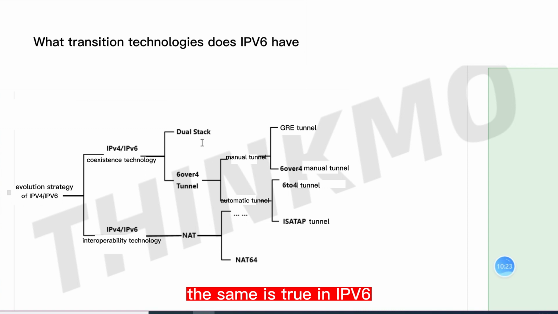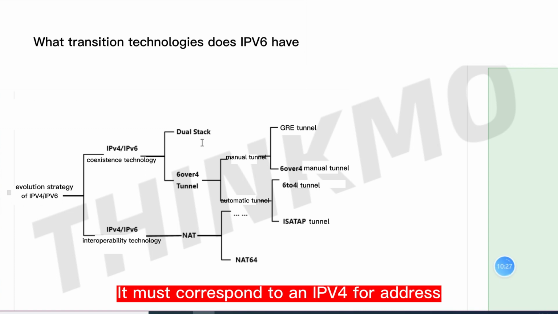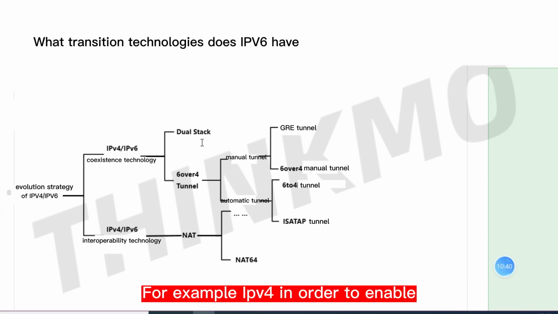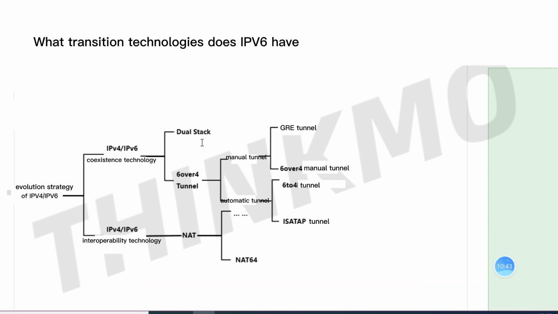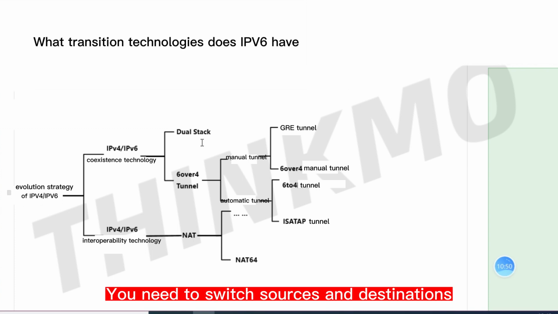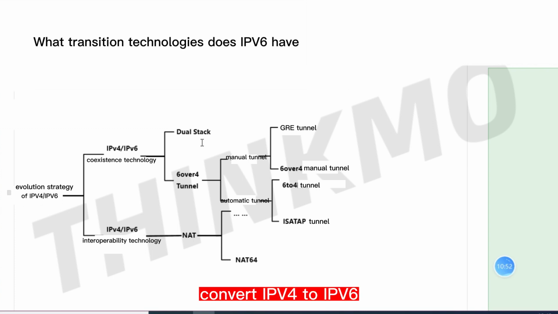The same is true in IPv6: an IPv6 address must correspond to an IPv4 address. This is how it implements the correspondence. Note that in NAT64, when you do the conversion, in order to enable complete recognition, you need to convert both sources and destinations: IPv4 to IPv6, and IPv6 to IPv4.